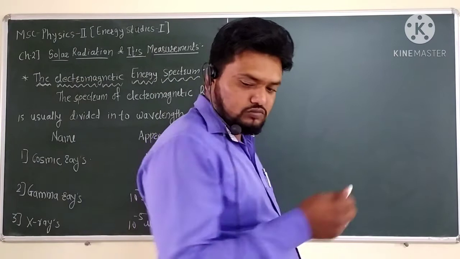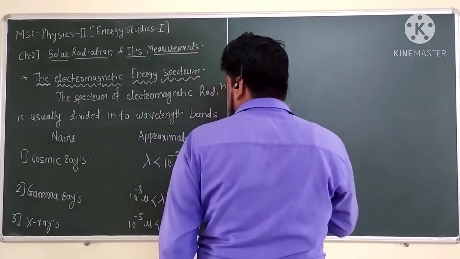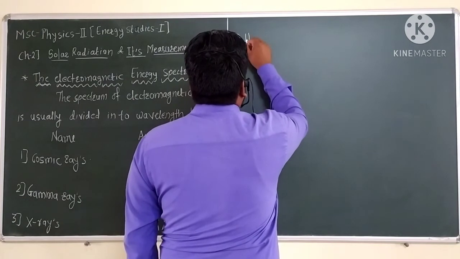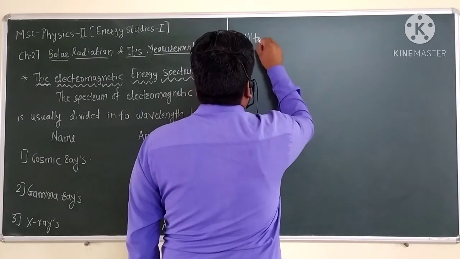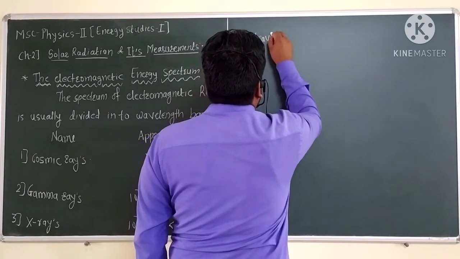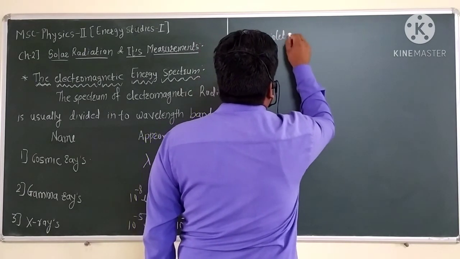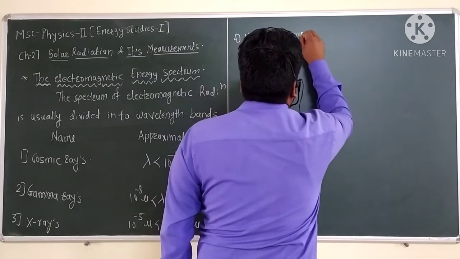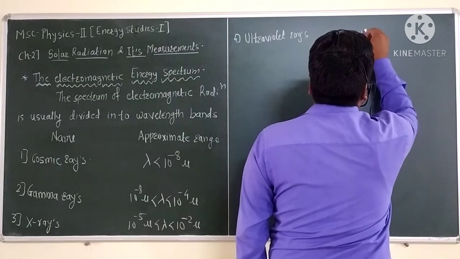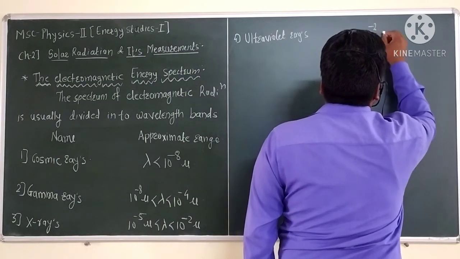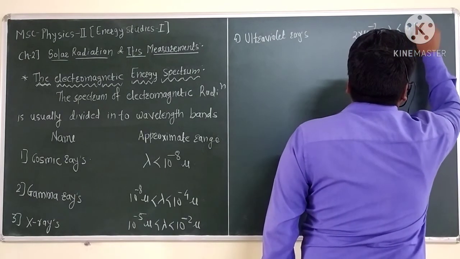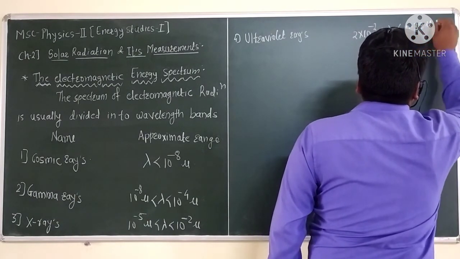The next one, the fourth type, is UV rays, or ultraviolet rays, and the range which is specifically considered is 2 into 10 to the power minus 2 less than lambda less than 0.38 micron.